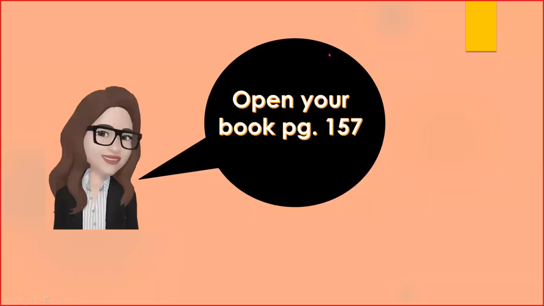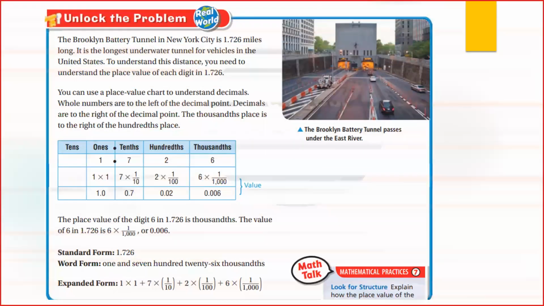Okay, now all of you, please, I want you to open your book, page 157. Page 157. Let's start now with this problem here. The Brooklyn Battery Tunnel in New York City is 1.726 miles long.